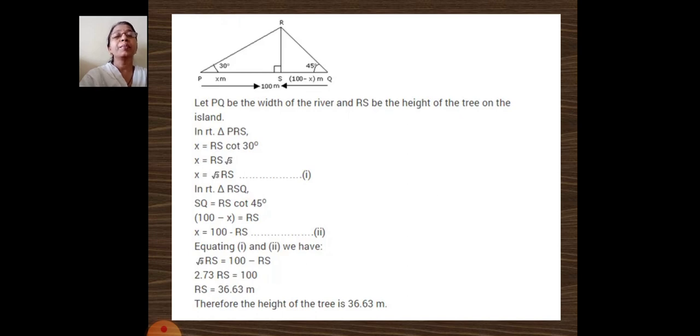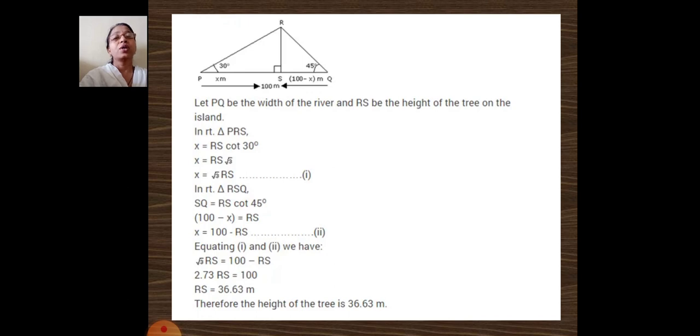Now children, you compare equation 1 and equation 2. You will find the left hand side is the same, so equate their right hand sides. On equating equations 1 and 2, we get root 3 times RS is equal to 100 minus RS. Now collect RS terms together, so you will get root 3 RS plus RS is equal to 100. Right?